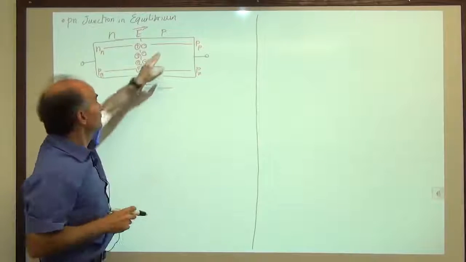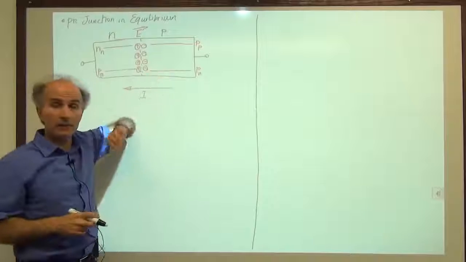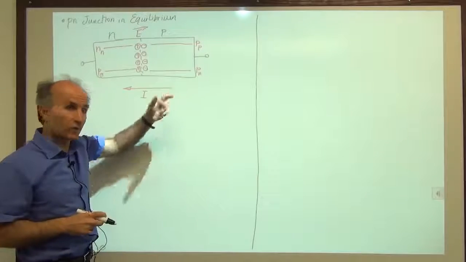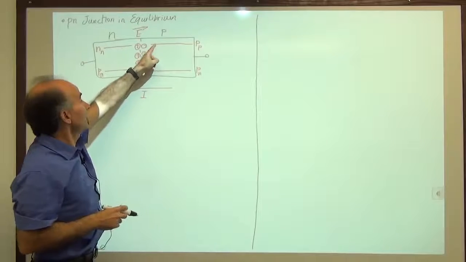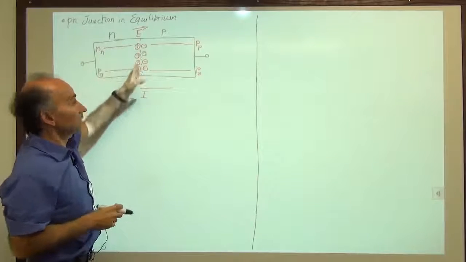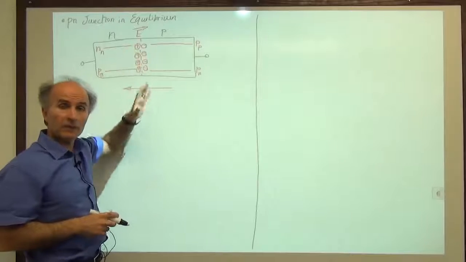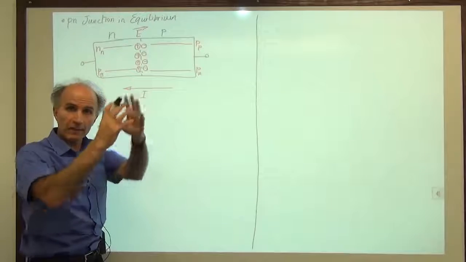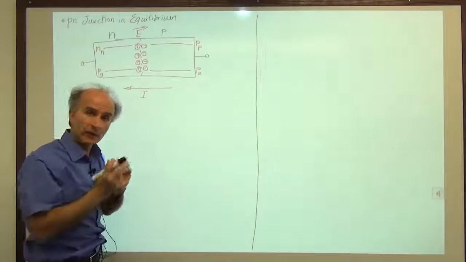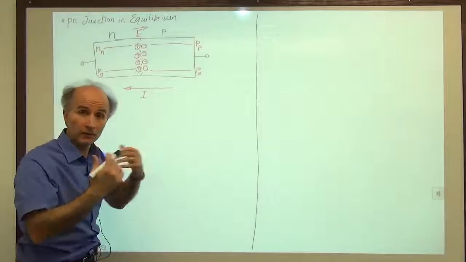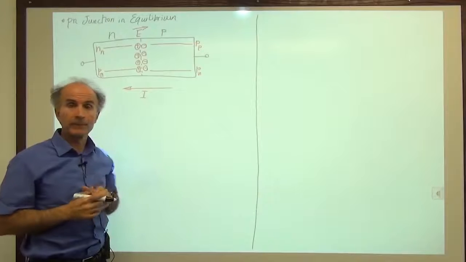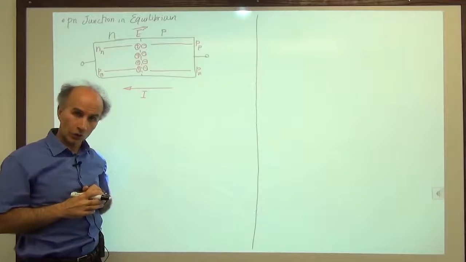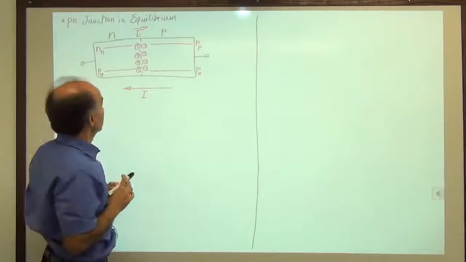We saw that we had a diffusion of these holes and electrons, which resulted in a current. At the same time, as these carriers were moving, they were leaving behind ions, and these ions formed a space charge, and that space charge starts creating an electric field. So we have an electric field going from left to right.